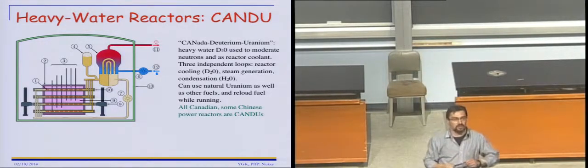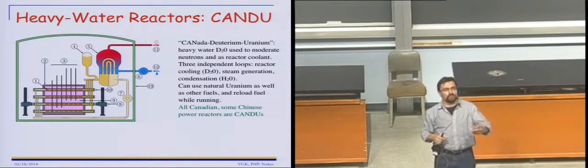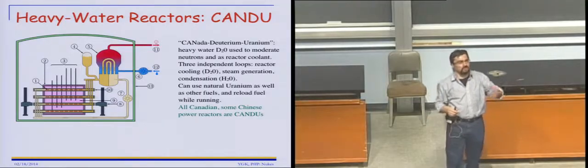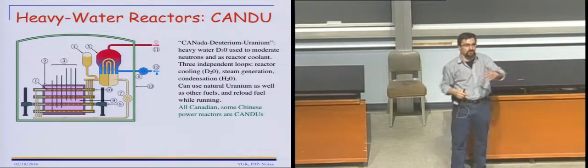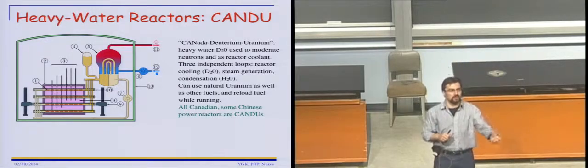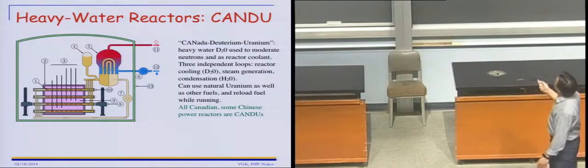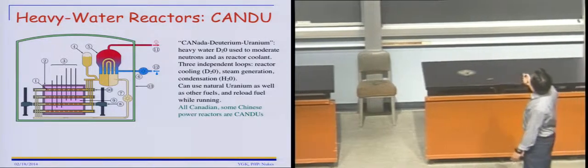Since the moderator is heavy water, it doesn't slow down neutrons as efficiently as water, but it still does a decent enough job. But the main advantage is that it does not remove neutrons from the nuclear reactions, and therefore you can use less enrichment.